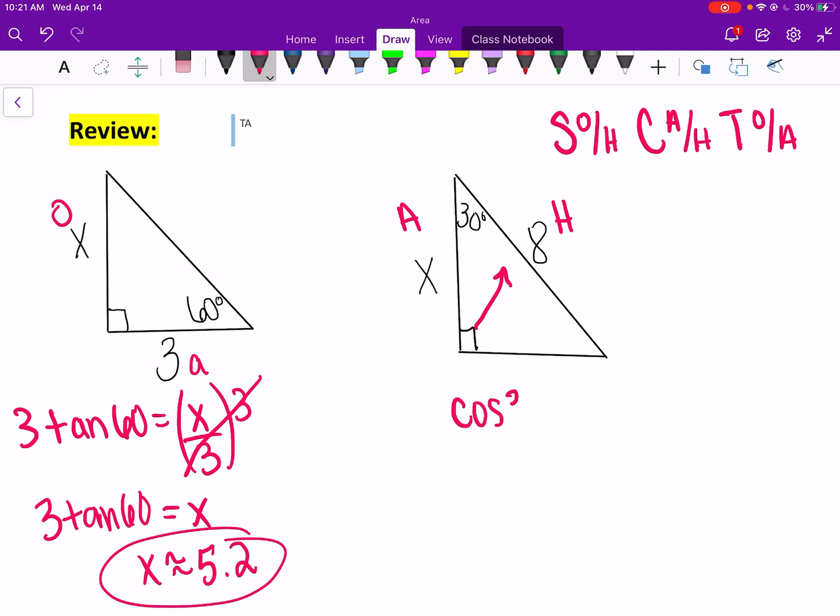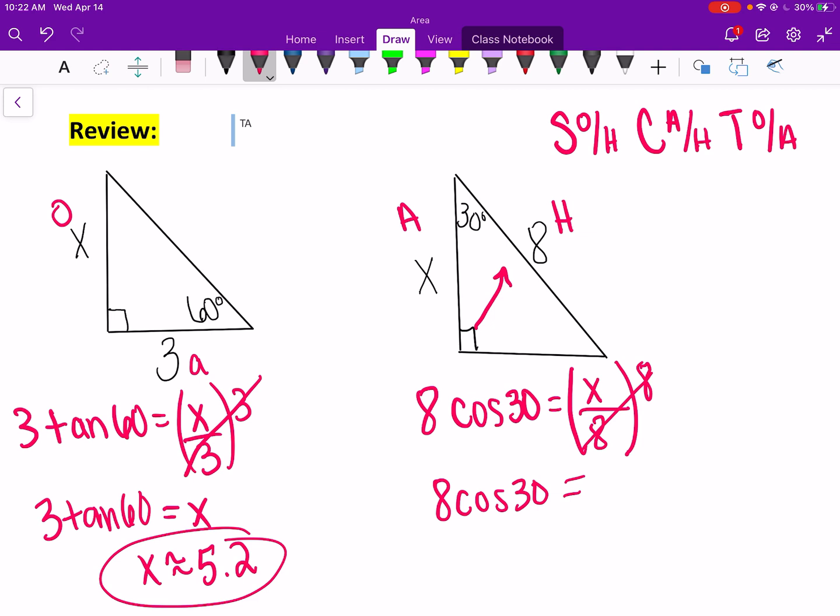So the cosine of 30 degrees equals adjacent, so x, over the hypotenuse, 8. And again, anytime you want to get rid of something on the denominator, you multiply by that number. So 8 times the cosine of 30 degrees equals x. That is going to give us approximately 6.9.